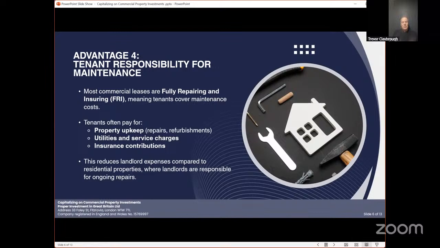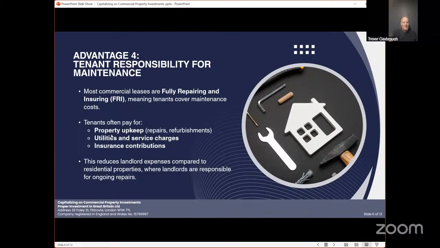If it's a complete building, let's say, for example, a hotel that we own, so that's the commercial property, but we're not managing it ourselves, we're renting it out on a long-term lease. Typically there, the tenant will be responsible for the complete building. That includes the roof, the walls, the structure, and they must maintain it in good condition. So it's really a massive advantage in pure commercial properties.